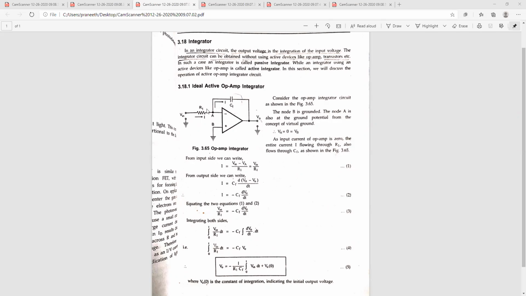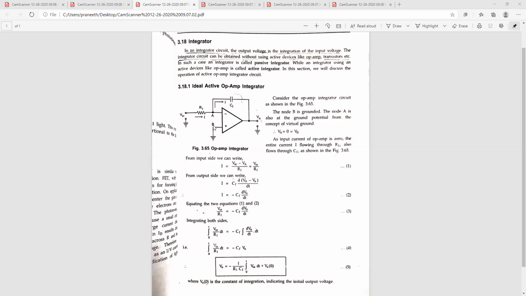So if you can see here, this is the active ideal op amp integrator circuit. Let us start the analysis. Here it is clear that at node B the terminal is grounded, and let the voltage at this node be VB, which is 0.